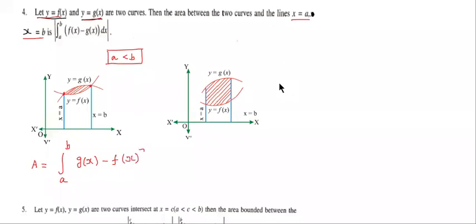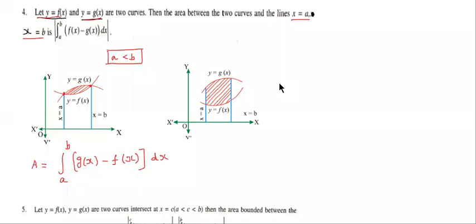How do we know the upper curve and the lower curve? When we draw the diagram, only then do we know which is the upper curve and which is the lower curve. Same like that, see the second diagram also. These two curves do not intersect at x is equal to a and x is equal to b. So, okay, no problem.